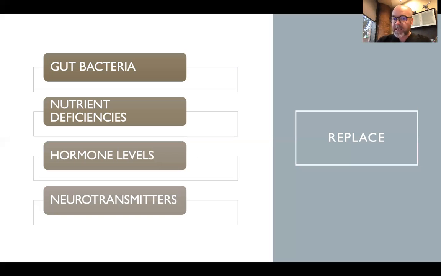These are essential. Like I said in the first video, these are things your body has to have in order to do its job. We have to replace and supplement your hormone levels and get those back to where they're supposed to be so that you can feel normal again and get you into that functional range, that optimal range. And also neurotransmitters. This is how your body communicates.